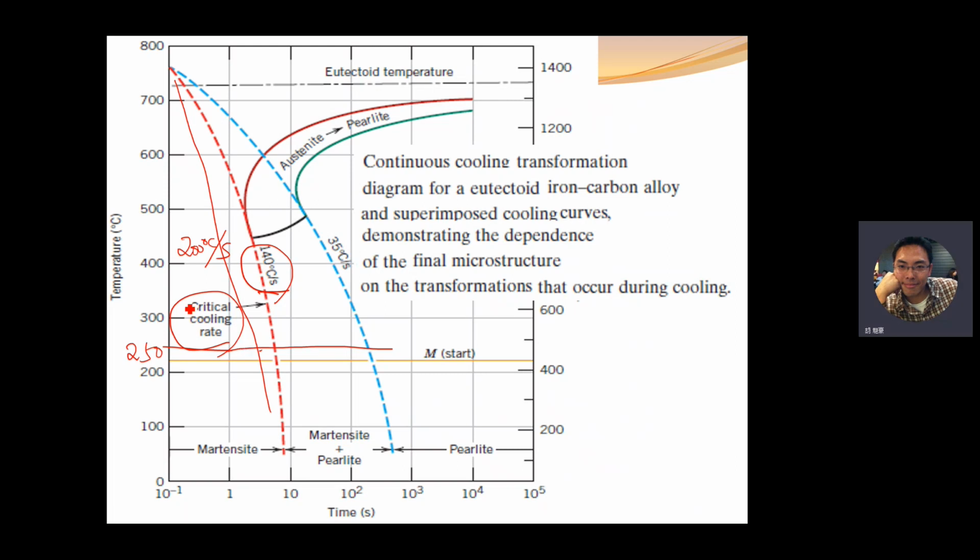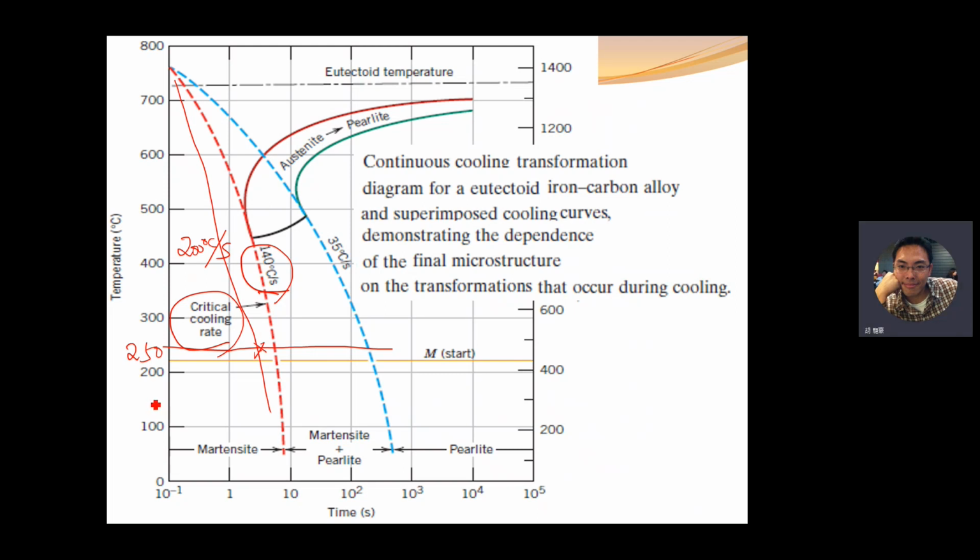So if the cooling rate is 200 per second and we drop to here, what phase should we get?